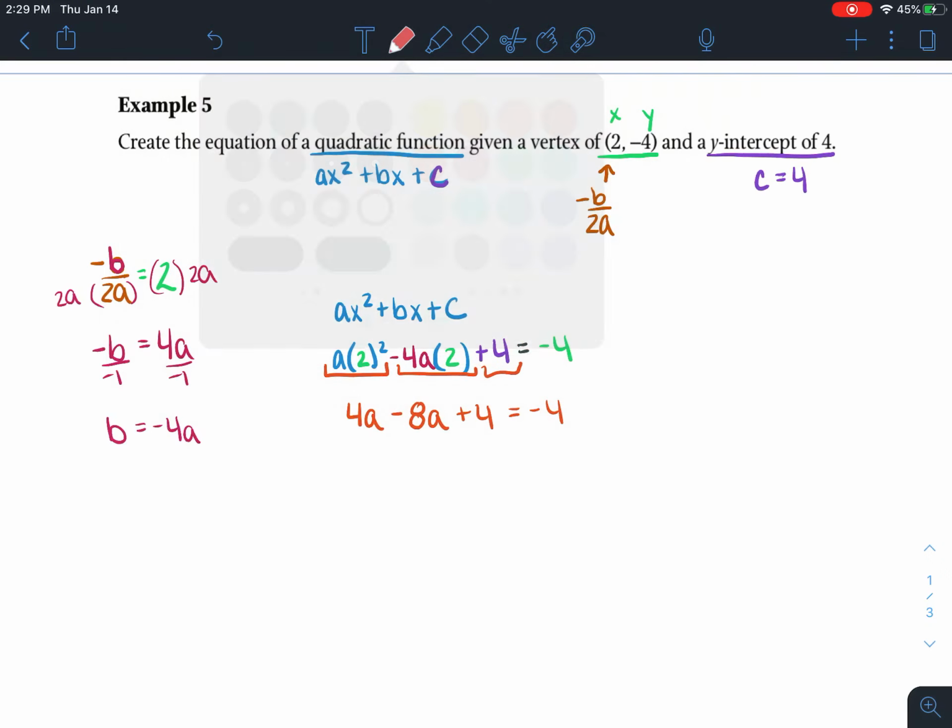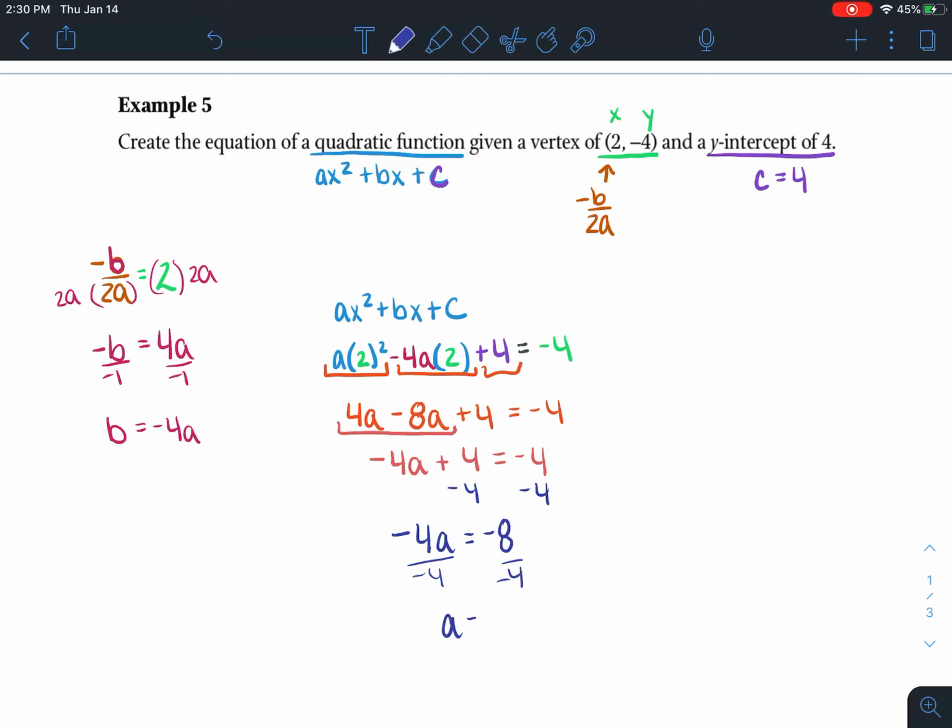So using this to combine some like terms, 4a minus 8a gives us a -4a plus 4 equals -4. If we move the +4 by subtracting on both sides, we get -4a equals -8. Divide both sides by -4, we get a equals 2.